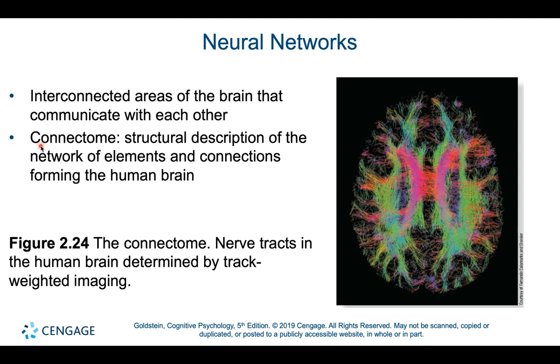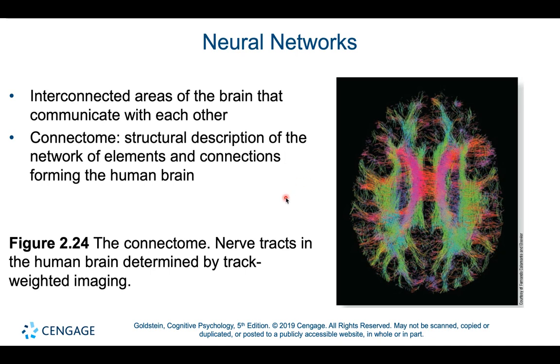We call this the connectome, which is the structural description of the network of elements and connections that form the human brain. This happens mostly along what are called nerve tracts. Think of these as superhighways in the brain that take information from one place and zoom it quickly up to another place for integration and processing.